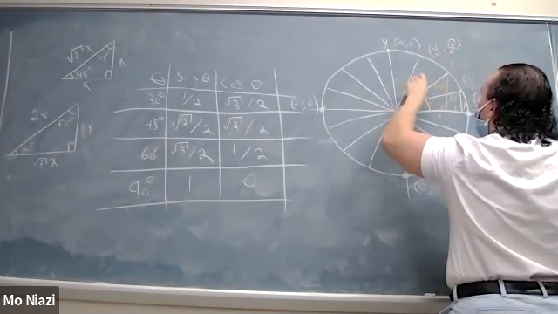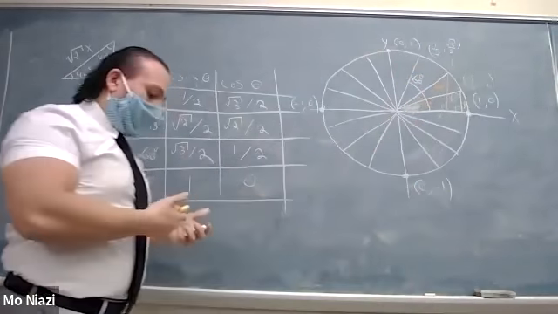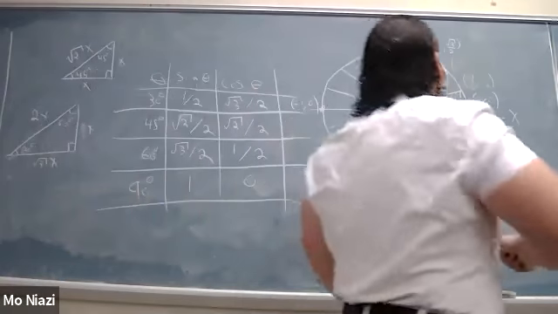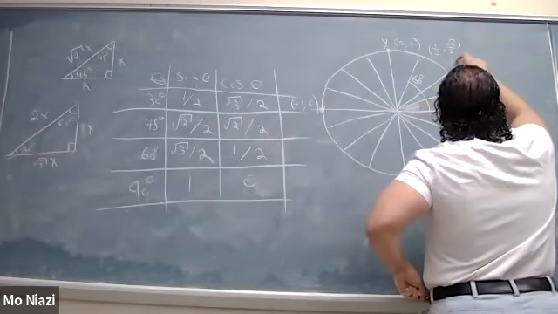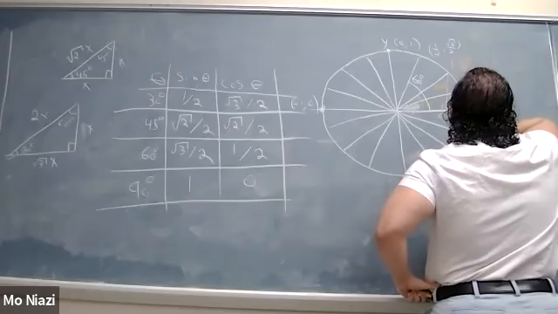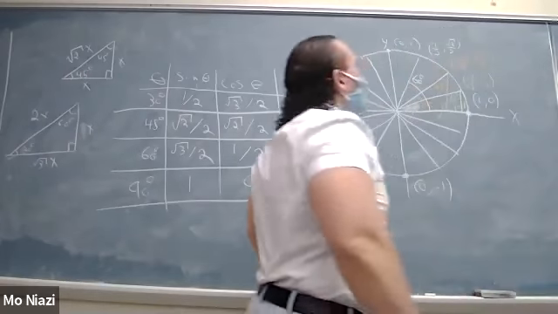Okay, and this is 60 degrees. But let's discuss 45 degrees. What is cosine for 45? Yes. What is sine for 45? Same thing. Interesting.